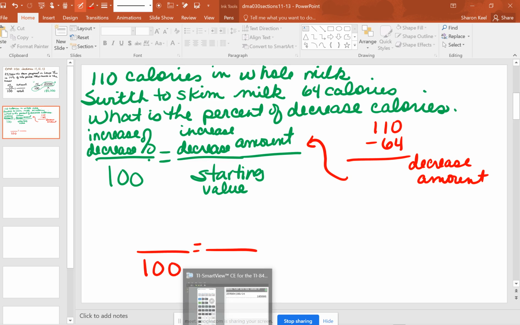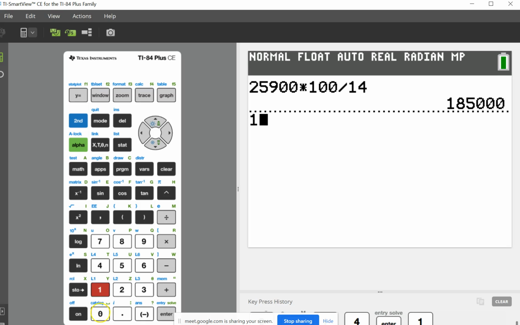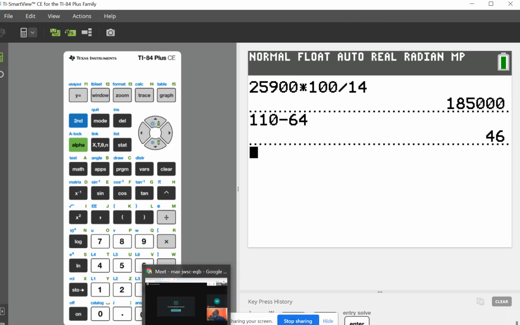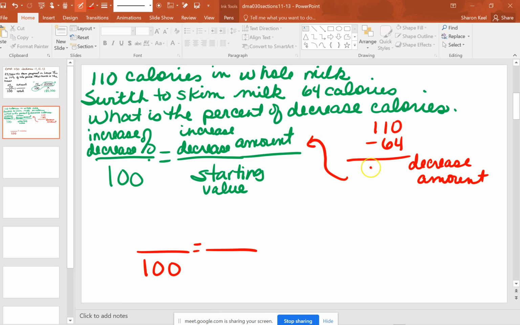Okay, so we're going to do 110 minus 64. So we have a decrease of 46 calories. So the decrease amount is 46, on the top right, and we're trying to solve for the percent of decrease.